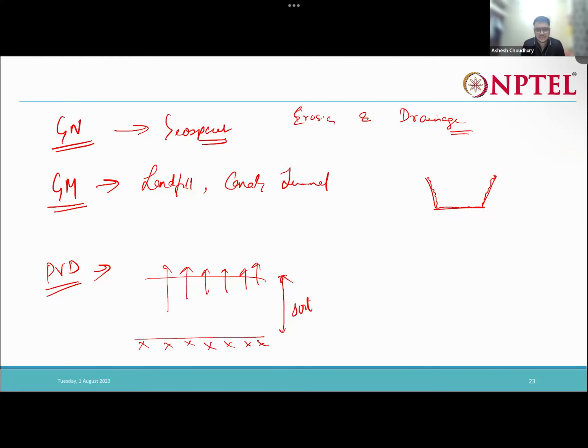In that case, the process of consolidation takes several years to complete. The consolidation process is very slow. So what we can do is put PVDs in the soil.